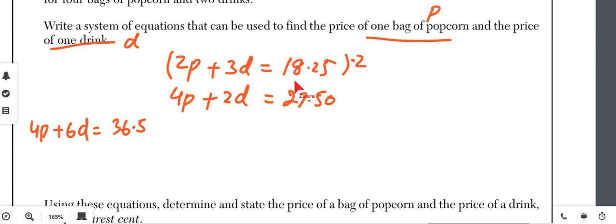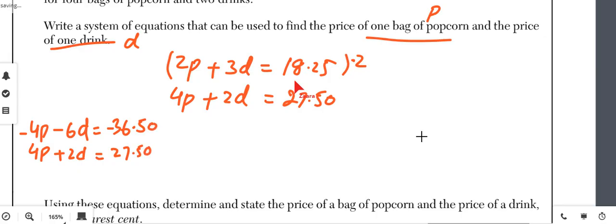The signs are changed because I am multiplying with a negative sign, so it becomes negative 36.50. And the other equation is 4p plus 2d equals 27.50.